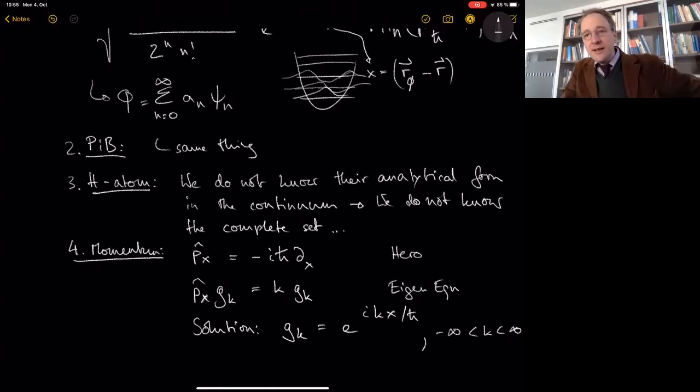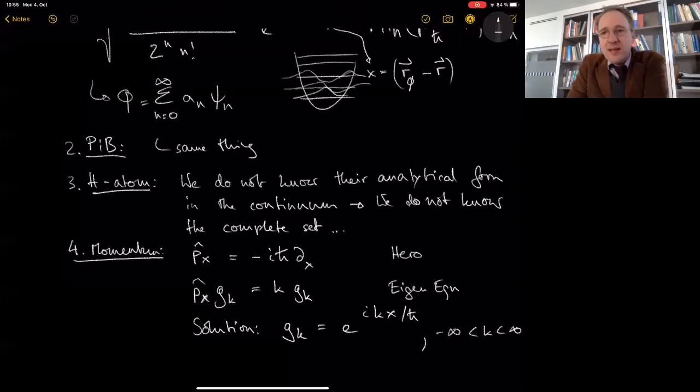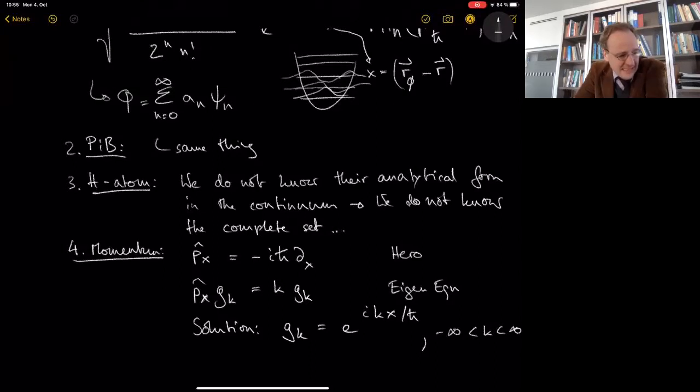So just a complex exponential function, very straightforward. And when you differentiate it with respect to x, you get this prefactor, the minus i h bar, back, and you want this k as the eigenvalue, right?